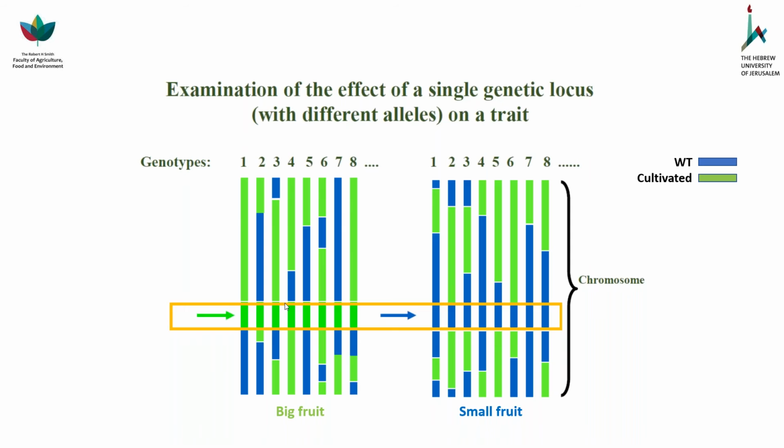Let's assume that all the lines that have the green interval in this specific region have a big fruit, and all the lines that have a blue segment in this region have small fruit. So we can suspect that this region affects the phenotype that we measure. This is the basis of QTL mapping analysis.